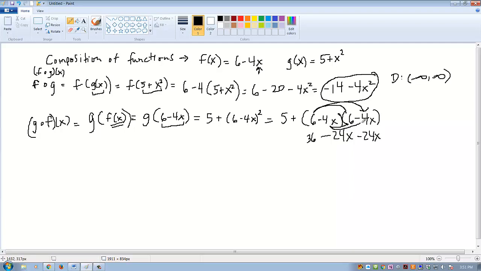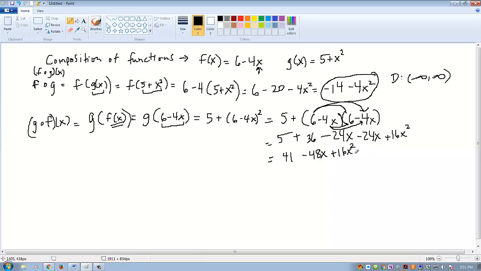And then minus 4x times minus 4x is plus 16x squared. So I still have the 5. So basically, this g of f of x is 41 minus 48x plus 16x squared.